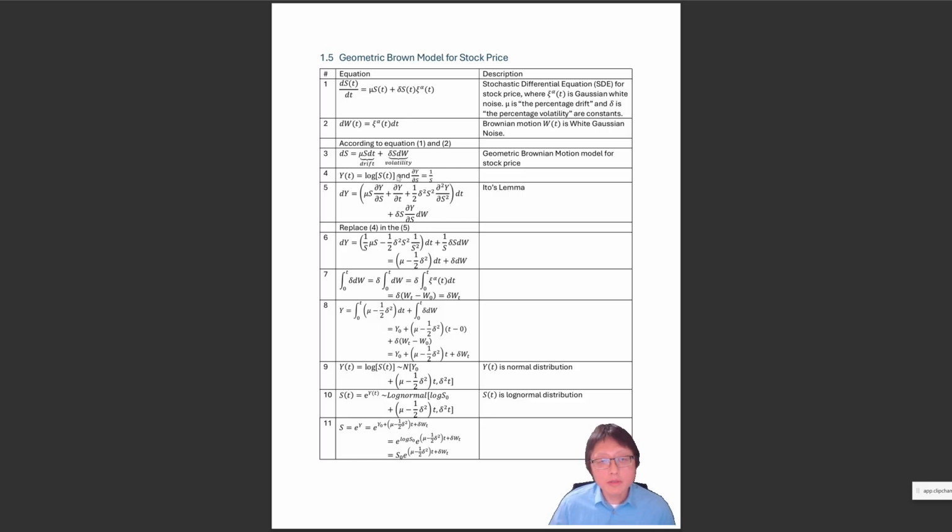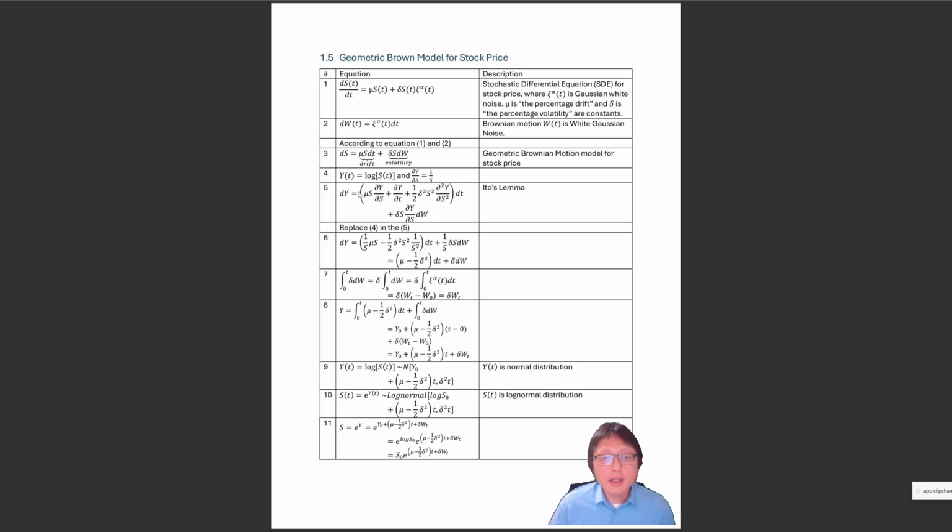Now, a simple transformation using Ito's lemma. We already know that if something is a function of S and t, following Ito's lemma, we can easily get this equation. Basically, it also has a deterministic part and a stochastic part. The dy has these two parts.